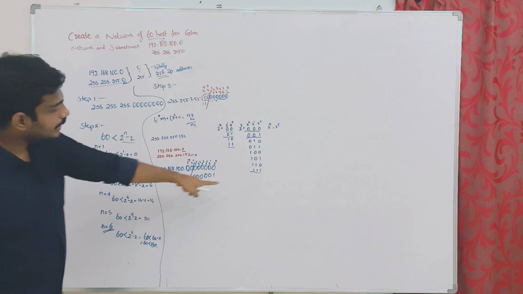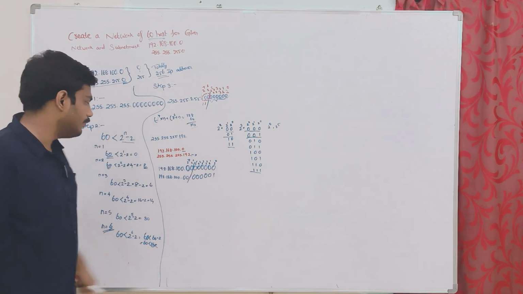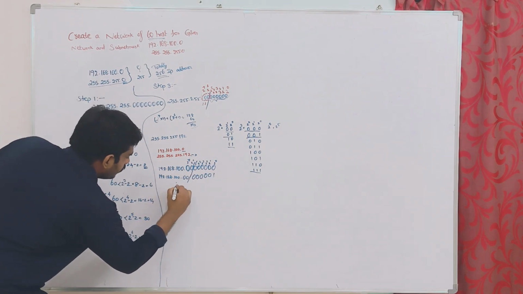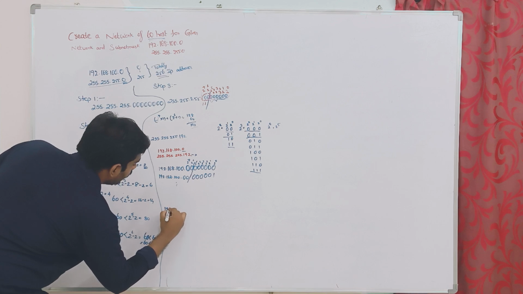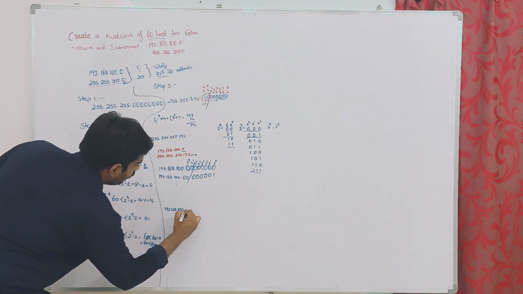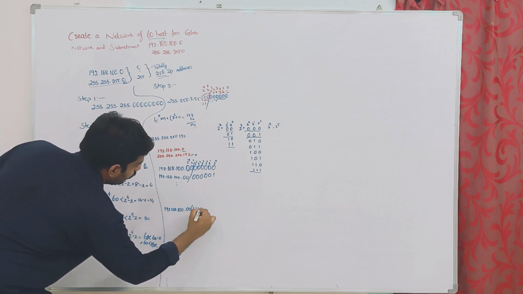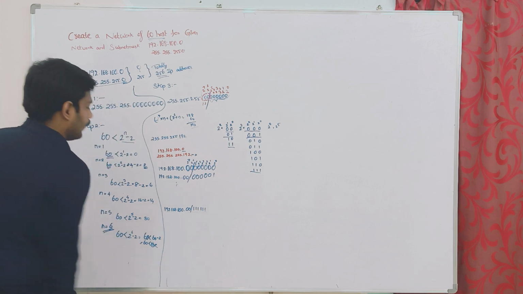And what do we get finally? Finally, we will get 192.168.100.00 slash 111111.